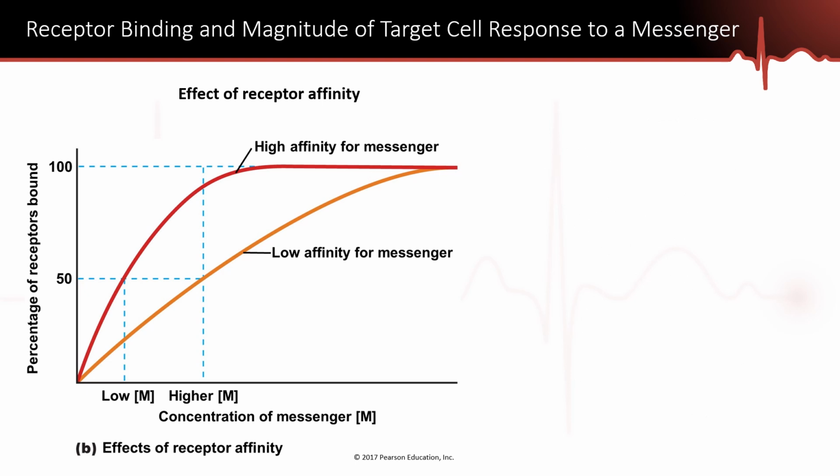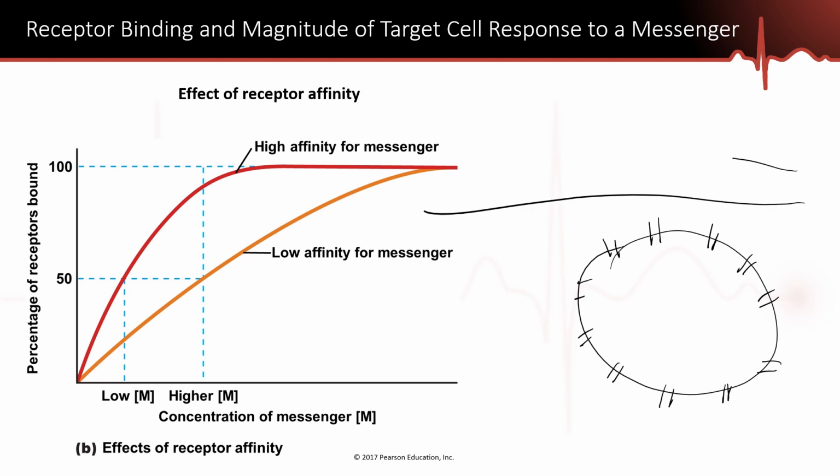To provide an example of that, here's a cell. It has adrenergic receptors. These adrenergic receptors have a much higher affinity for, let's say, epinephrine compared to norepinephrine. Now do this. Here's the bloodstream. Let's say that there's two different circumstances here.